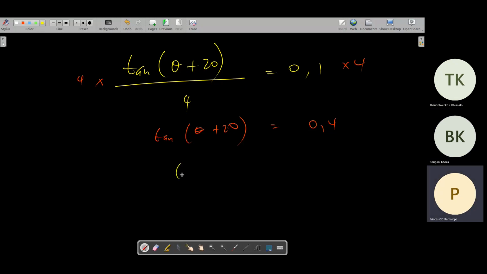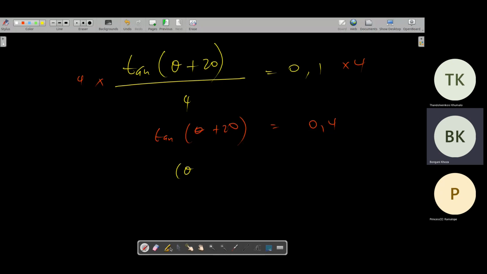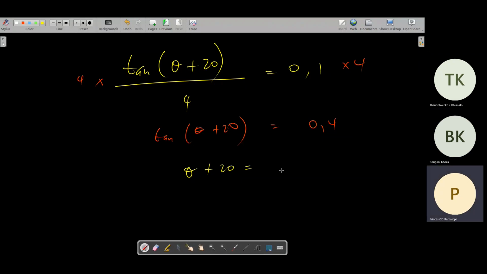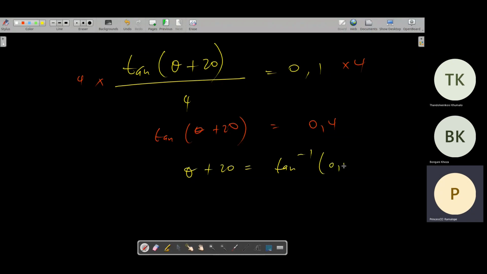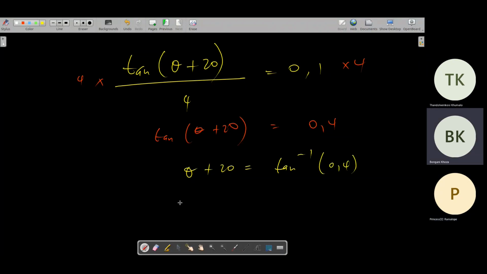Theta plus 20, we don't need a bracket anymore. Theta plus 20 equals arctan 0.4. Right.